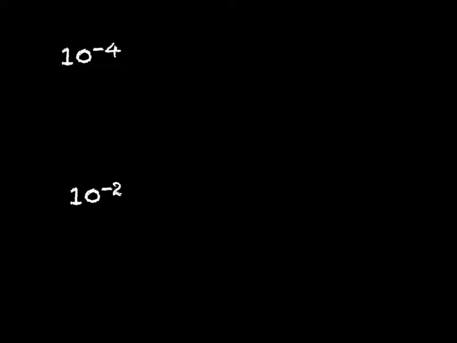Let's convert 10 to the negative 4 to a fraction that has a positive exponent in the denominator. We do that by setting up a fraction that has 1 in the numerator, 10 in the denominator. We change the exponent of negative 4 to positive 4 when we put it in the denominator.